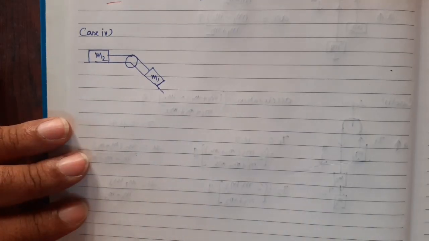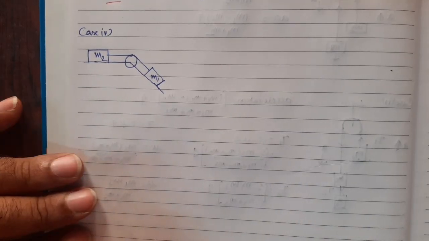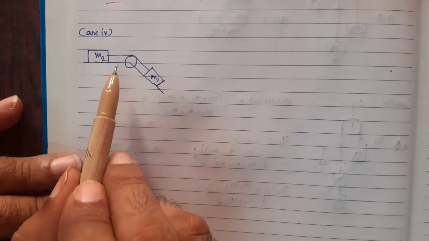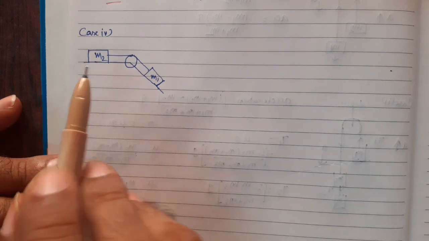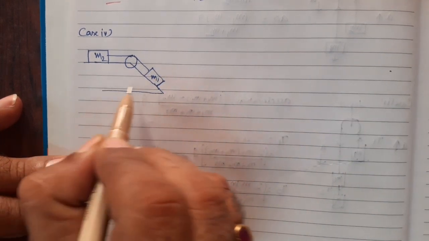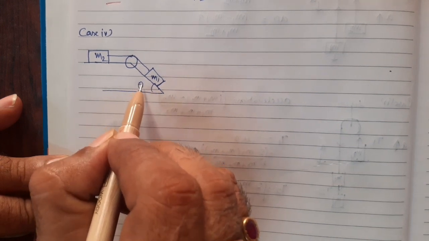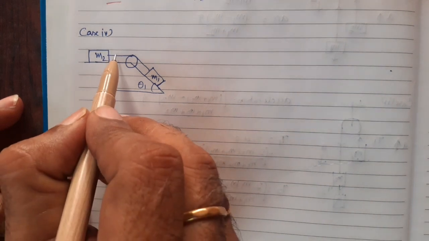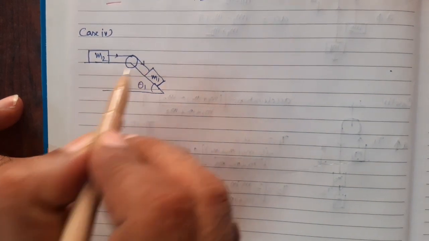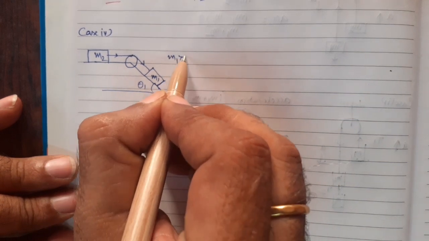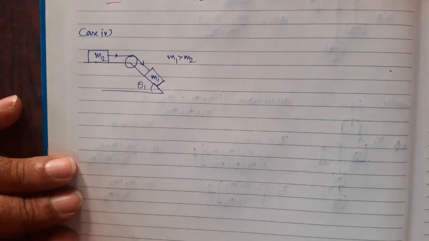This is the condition. Now here the body m1 is on the inclined surface and the body m2 is on the plane surface. The angle of inclination here is, suppose, theta 1. These are connected by a string, and m1 is greater than m2.